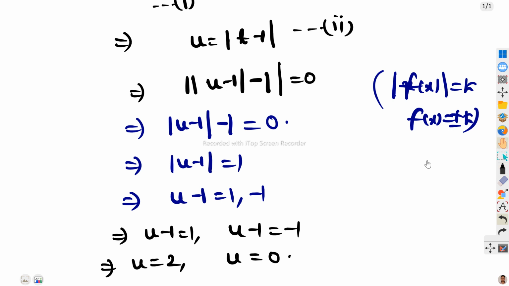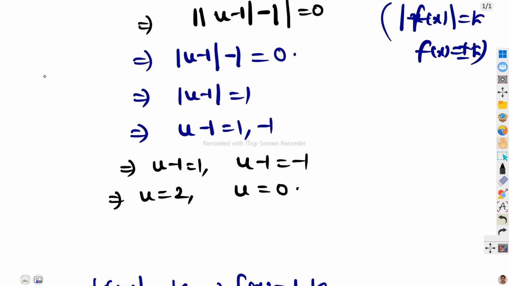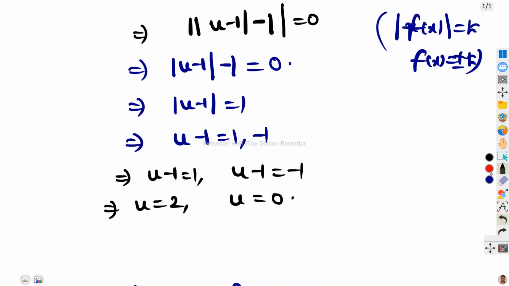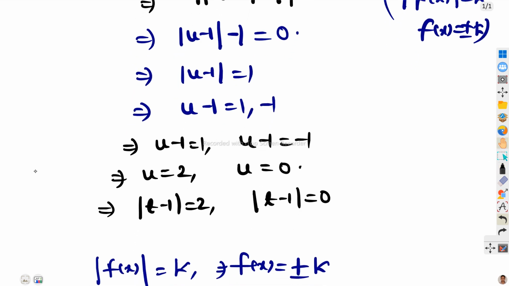Again, by equation 2, we have taken u = |t − 1|, so |t − 1| = 2 and |t − 1| = 0. This implies t − 1 = ±2, and t − 1 = 0.